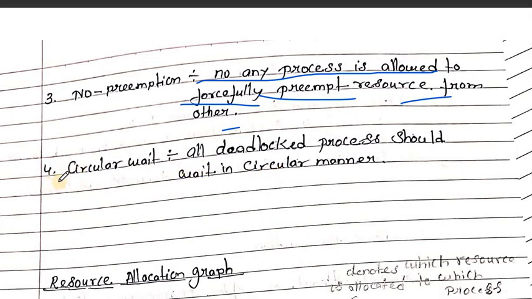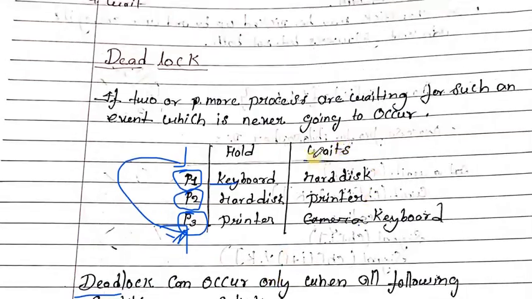Now the fourth condition is circular wait. All deadlocked processes should wait in a circular manner. Yes, all processes are waiting in a circular manner. How? P1 is holding the keyboard and waiting for the hard disk.